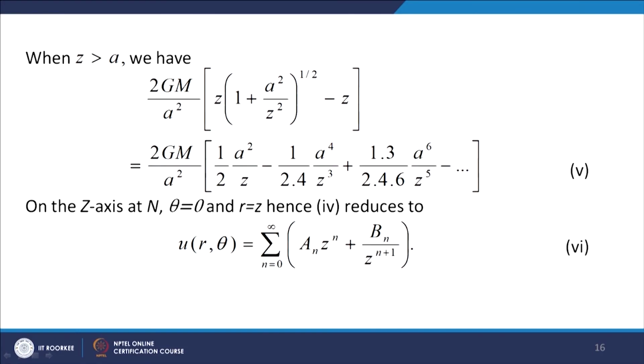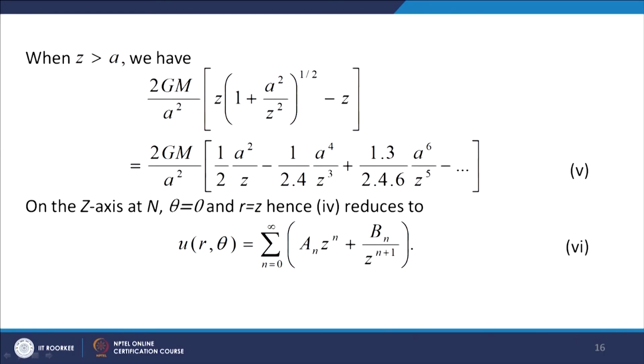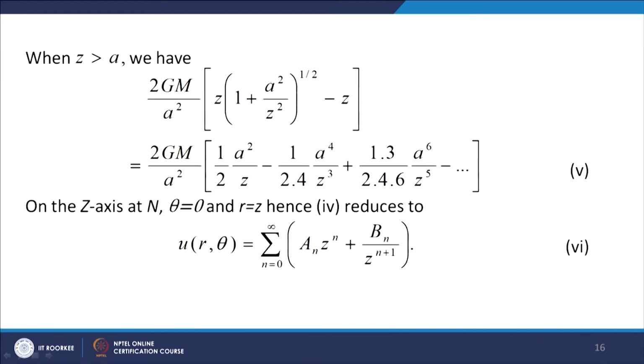So when n is odd, then n plus 1 will be even. So b n is equal to 0 when n is odd, and a n is 0 for all n, because there is no term in positive integral powers of z. So a n is equal to 0 for all n, and b n is equal to 0 when n is odd, and we can write the values of b naught, b 2, b 4 from here by comparison.